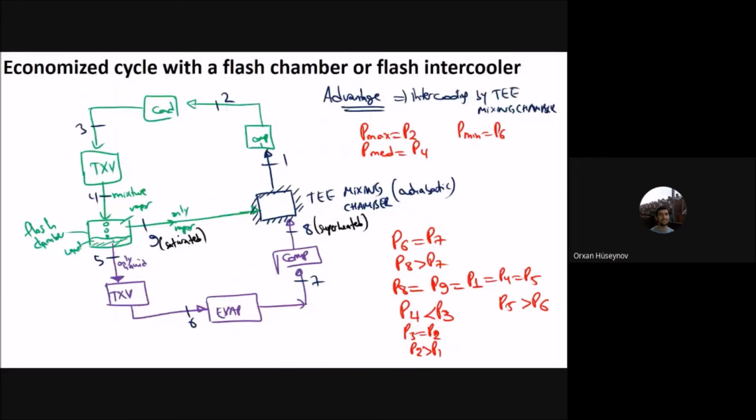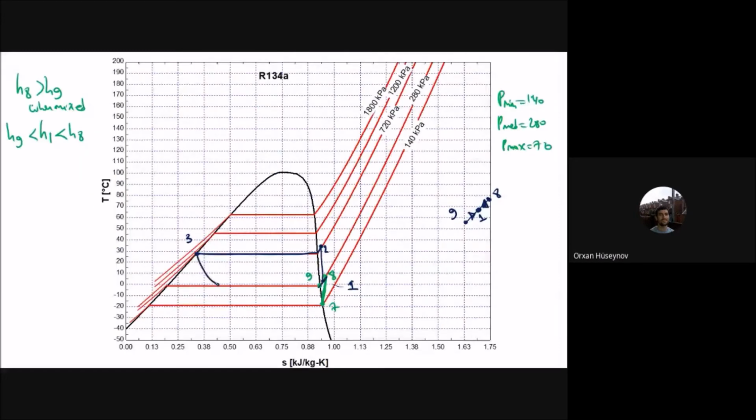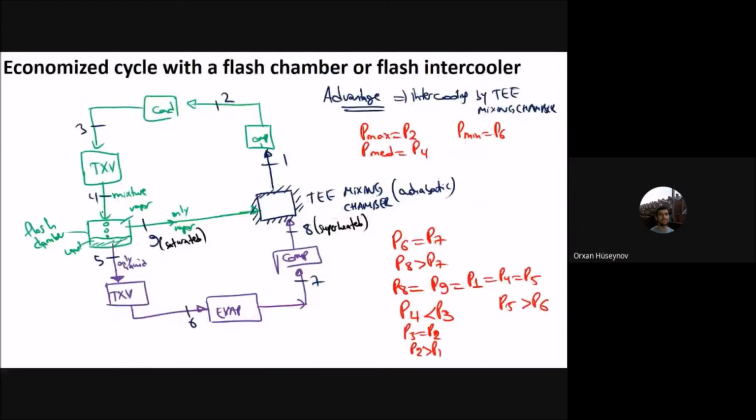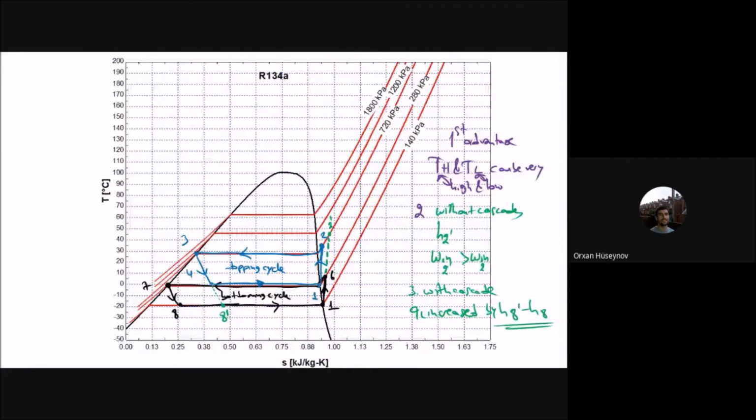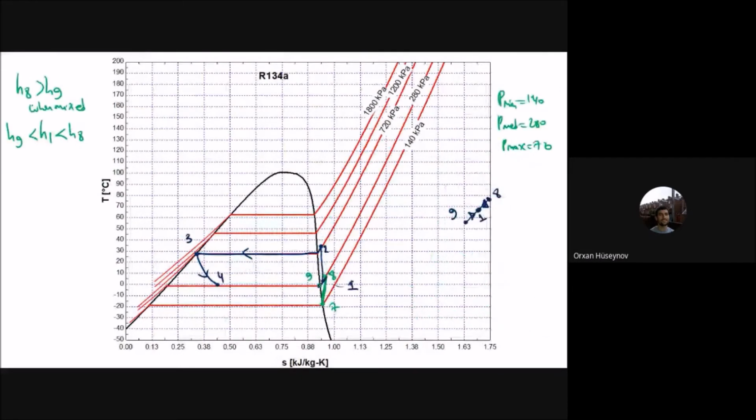From 3 to 4, you have the thermal expansion valve. Then this thermal expansion valve is separated into 2 parts. One is that 5, which is only liquid, and one is that 9. 9 is here, so I've just shown it. This is 9, and then I will also have to show 5. Sorry, I have the arrow in the opposite direction here.